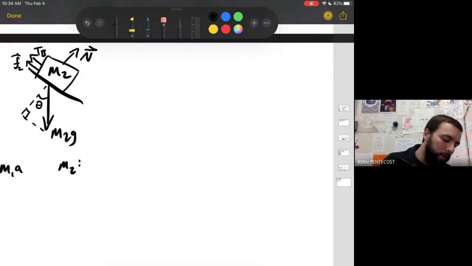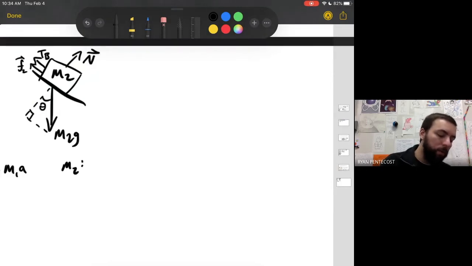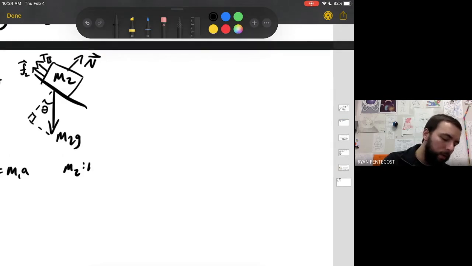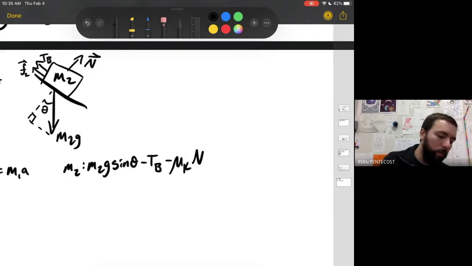So what's pulling you down is the horizontal component of gravity, right? So that would be sine theta. So you've got M2G sine theta minus the tension in B minus the friction force. But let's substitute out for that friction force. You've got mu k normal.